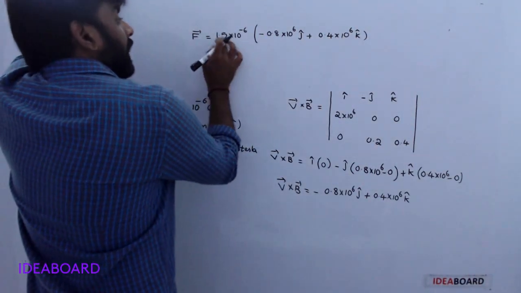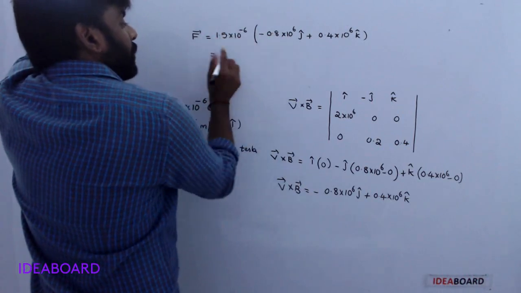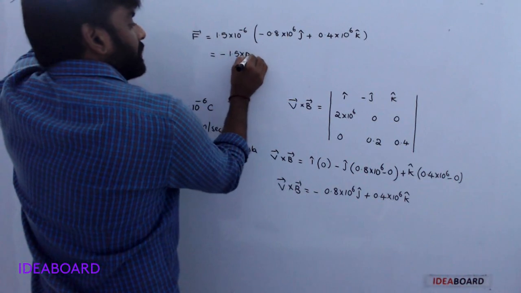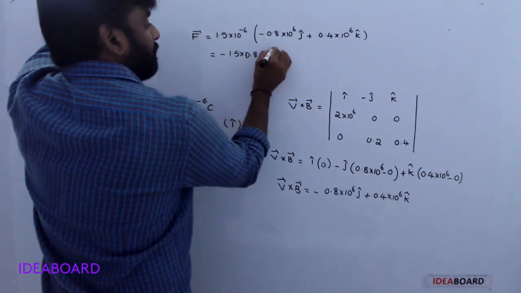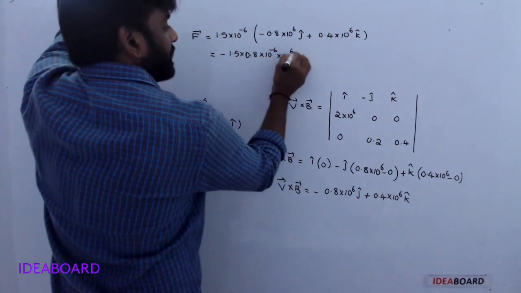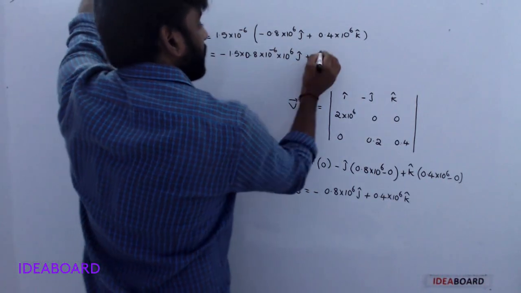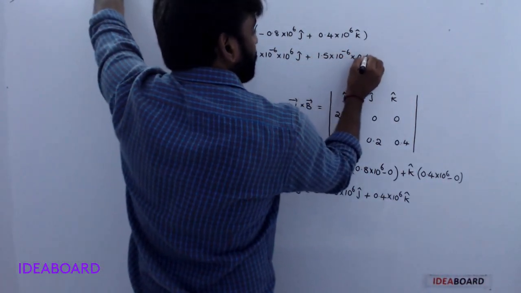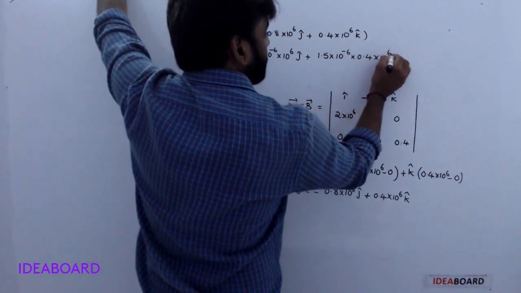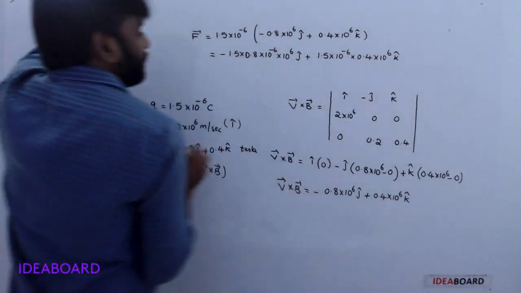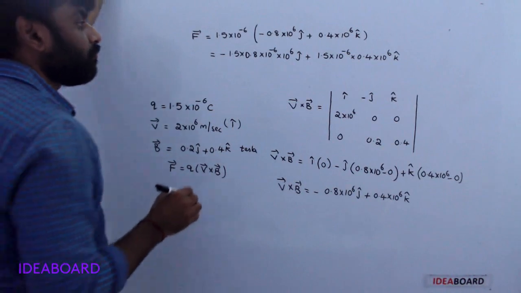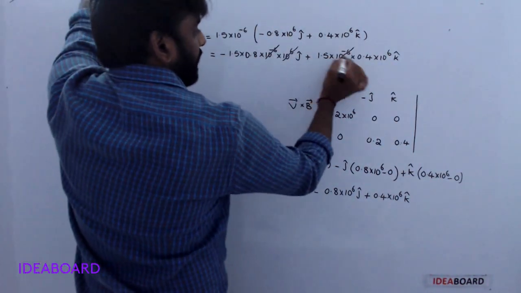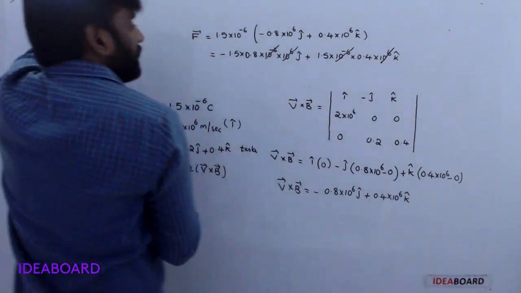Now 10 to the power of minus 6 and plus 6 cancel.